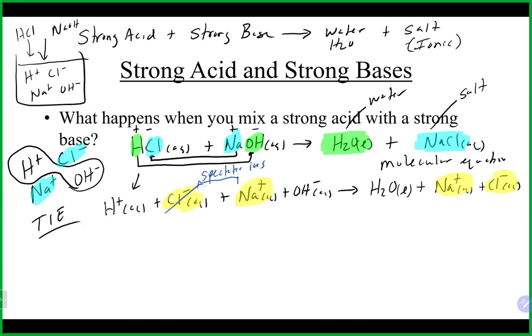And just like we did before, we are going to cancel those guys out, and that's going to leave us our net ionic equation, which is H plus from the acid goes and finds the OH minus from the base, and they make water in this case. So to answer your question a second ago, obviously here we don't have a precipitate, but we do have water, which is a liquid, and that's another sort of outcome that you could have.